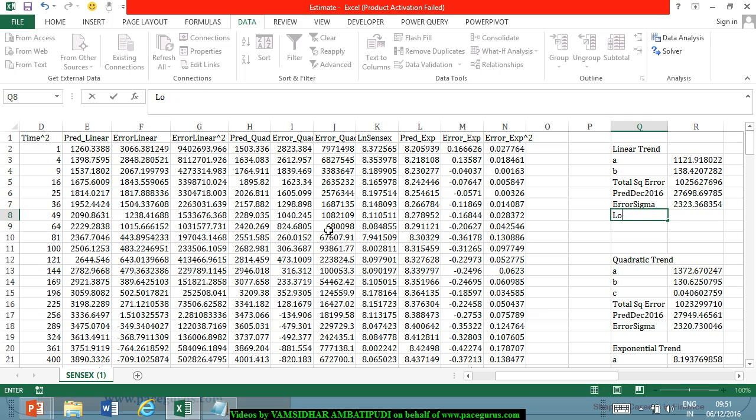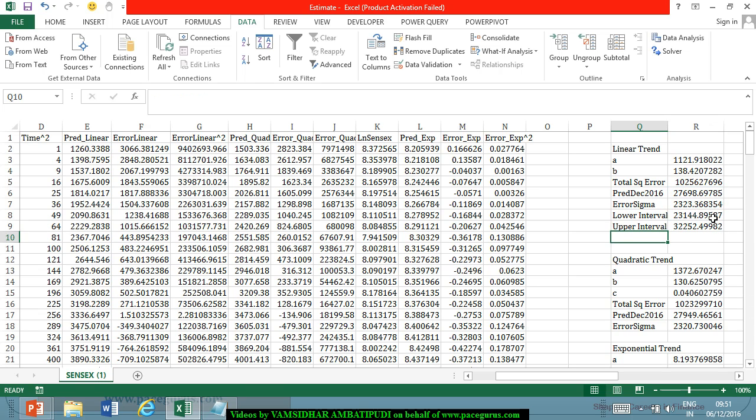If I am talking of lower interval as a part of my forecast, it is nothing but the predicted value minus 1.96 times the sigma. This is the lower interval of my prediction, and upper interval comes out as the predicted value, which is 27,000 plus 1.96 times the sigma.